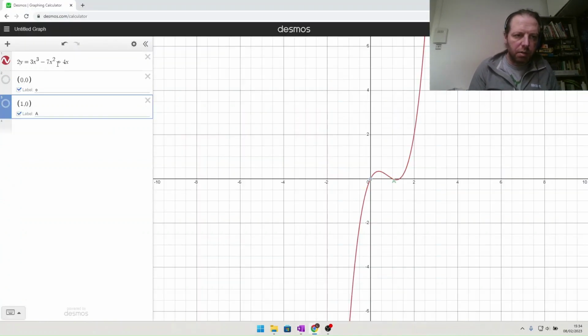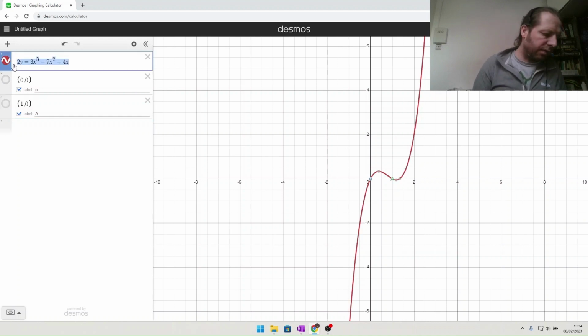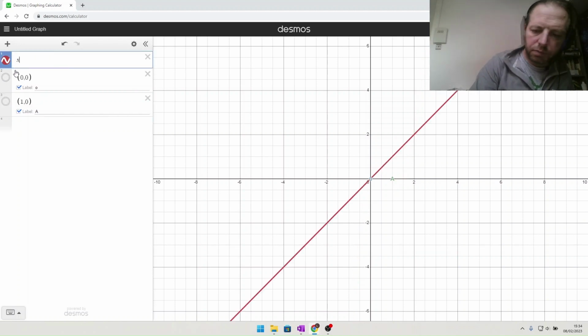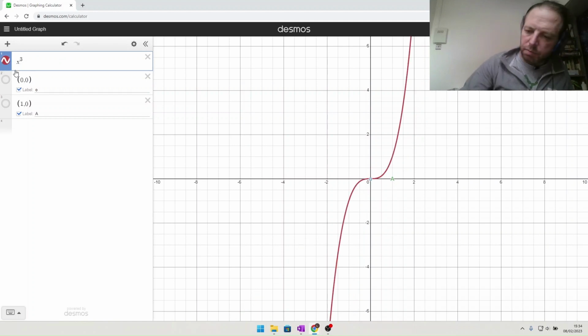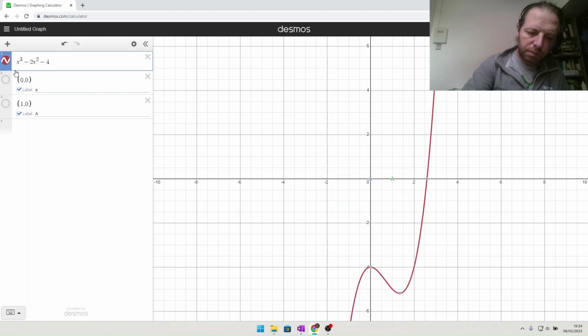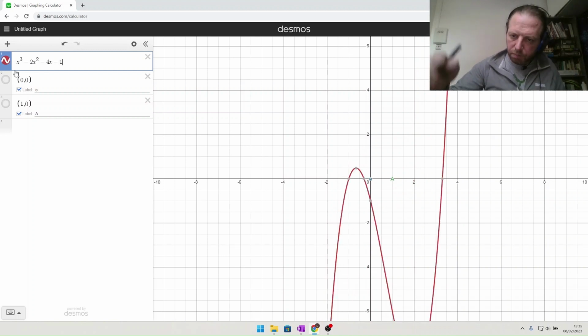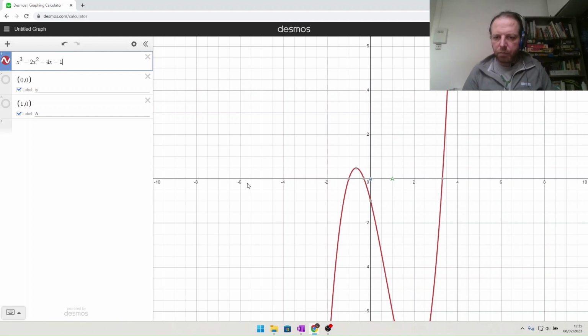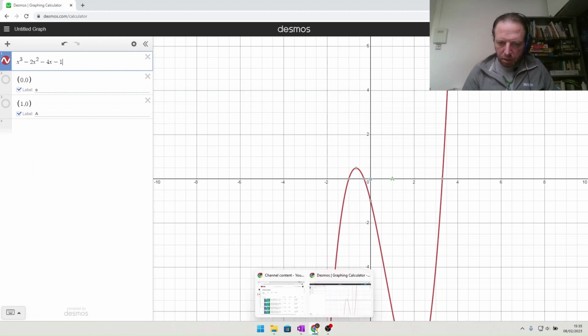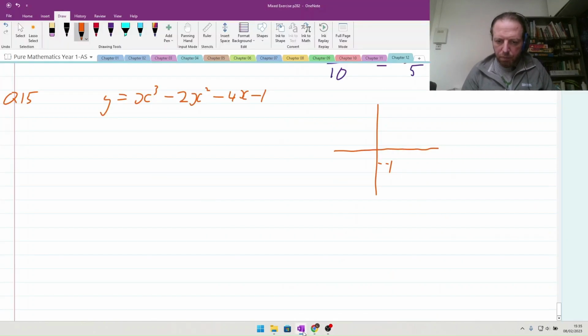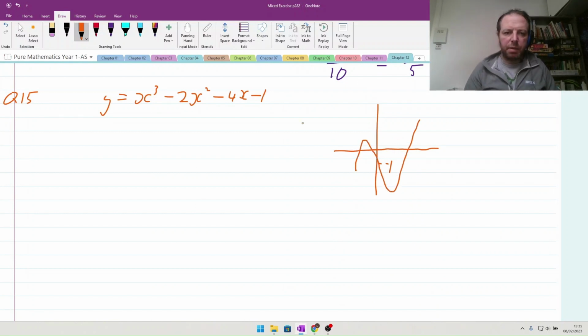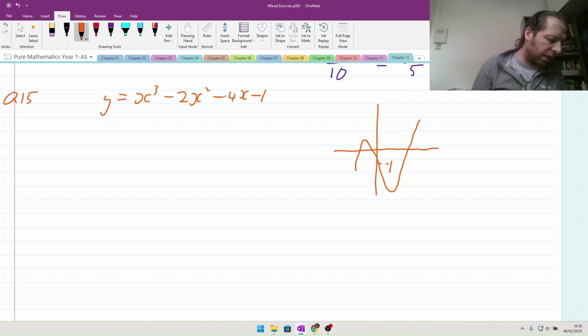And we have got x to the power 3 minus 2x squared minus 4x minus 1. Something like that. So what did it say to us? And cuts the y-axis at point P. So this is point P.